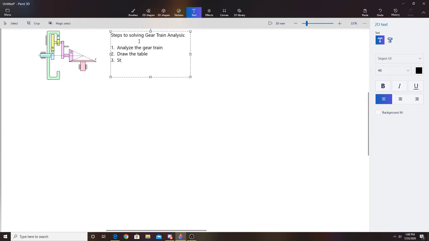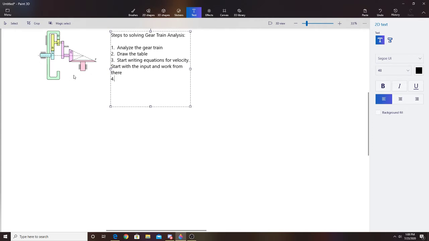The third one was to start writing equations for velocity. Start with the input and work from there. So for this question, the input is A, and then it goes all the way out here. Our input is rotating in this direction, essentially a torque in this way. The output is rotating this way.